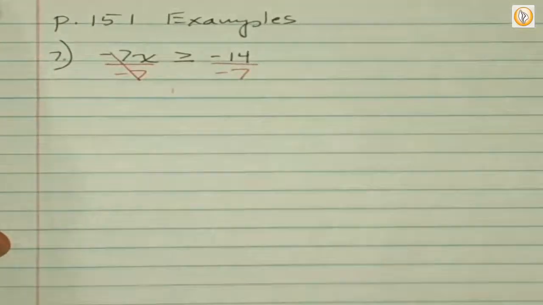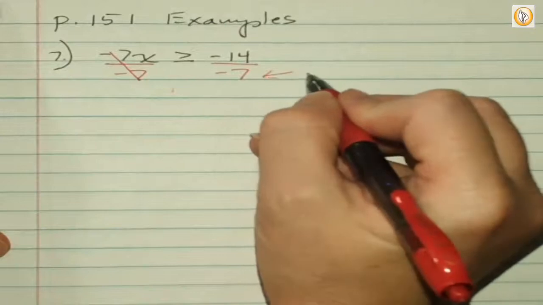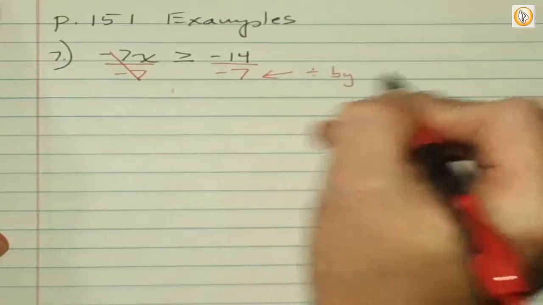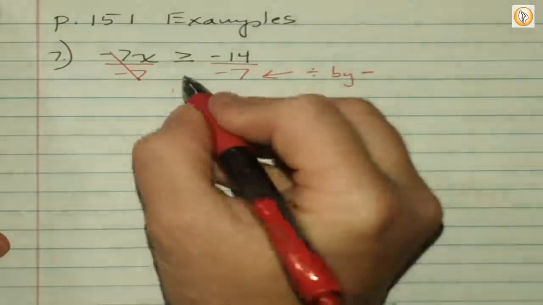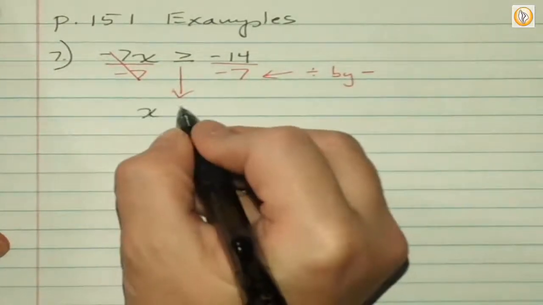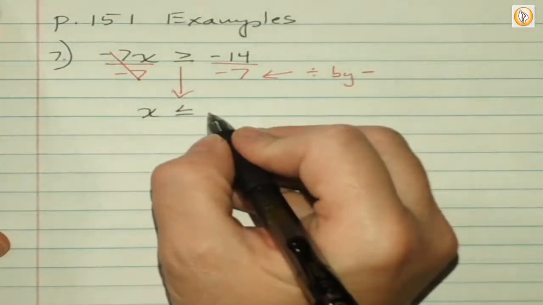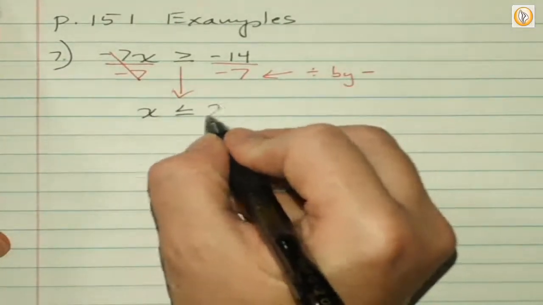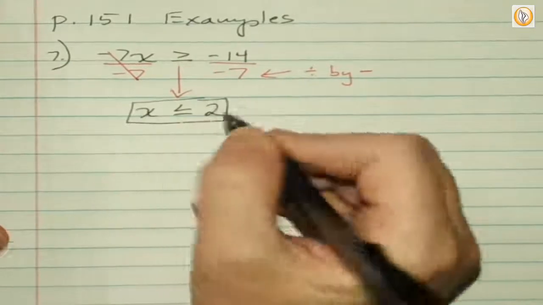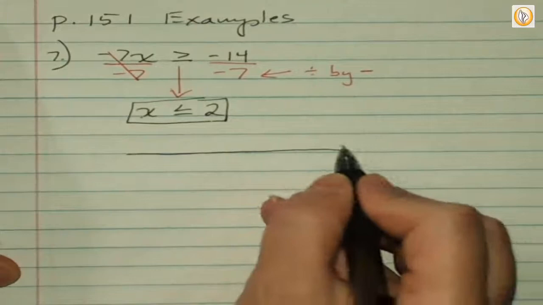And we're going to change the sign because we divided by a negative. Very good. So we're dividing by a negative, therefore I'm flipping the sign. x is less than or equal to 2. Okay, there's your first answer, but they also said to graph it.